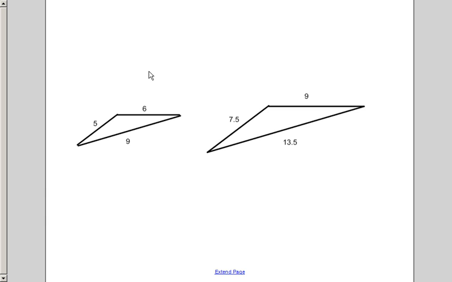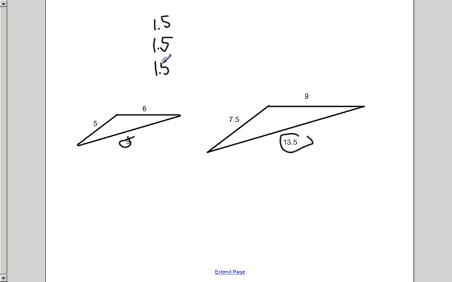Okay, so we can use ratios of the sides to test for similarity. We want to see if these triangles are similar. To do that, we could say 9 divided by 6 is 3 over 2, or 1 and 1/2. 7.5 divided by 5 is 1.5. 13.5 divided by 9, guess what?